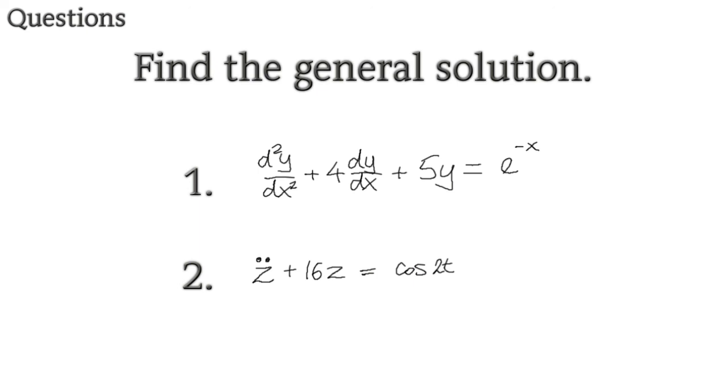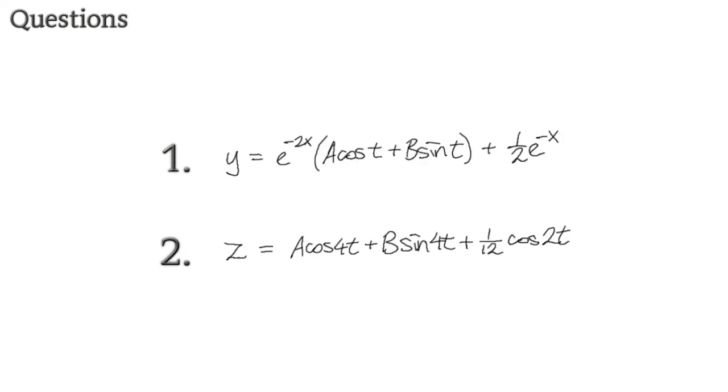Anyway, as usual, I'll give you 5 seconds to carry out the calculations, and I'll show you the answer in 5, 4, 3, 2, 1. And the answer is shown right here. So for the first one, it's straightforward, really simple.